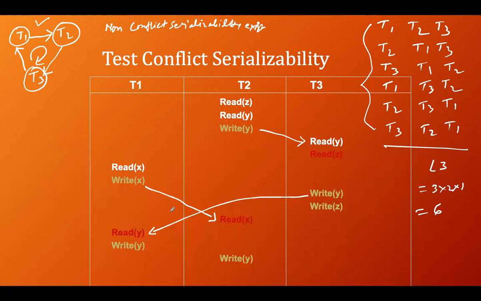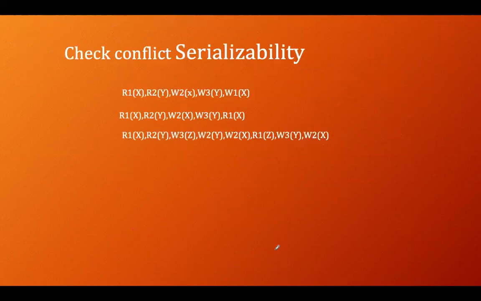If we are not getting any cycle, then there is a possibility to get conflict serializability. So we have to choose which one will fulfill the requirement. It will be the serial schedule which is equivalent to this non-serial schedule and has all those conflicts, and we can say that this non-serial schedule is conflict serializable. But in this case, it is not.